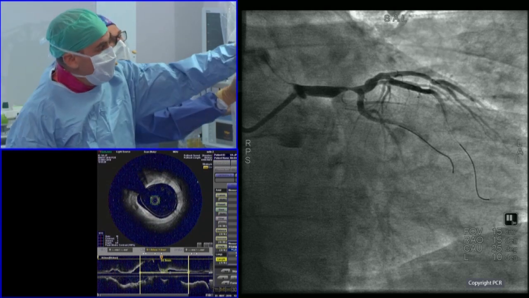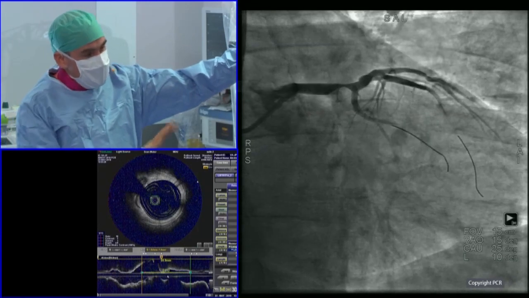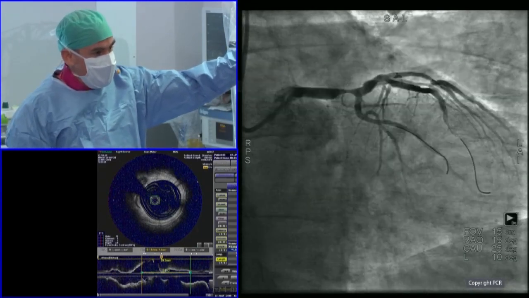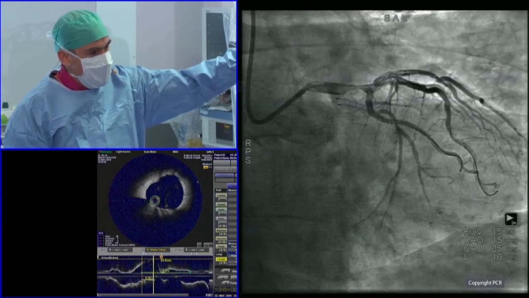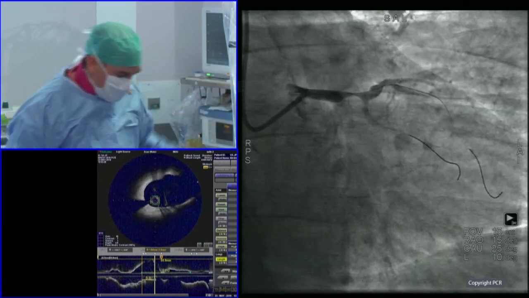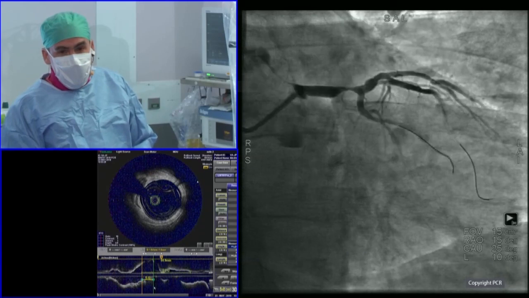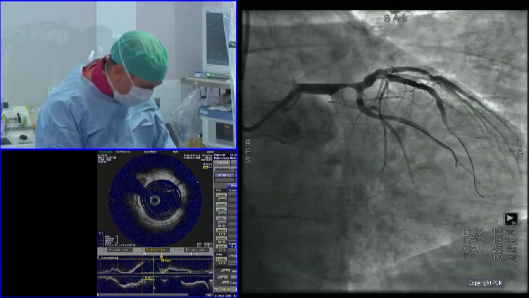So I think it's more safe in this case in particular, and in many other cases, to treat the bifurcation. So as you can see, we put a second wire in the obtuse marginal branch, and now with also the result of the OFDI showing a very fibrous lesion, we will make a predilatation.